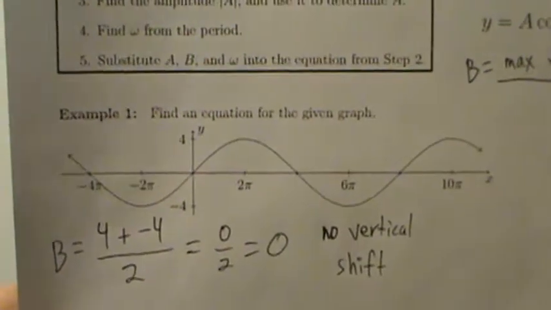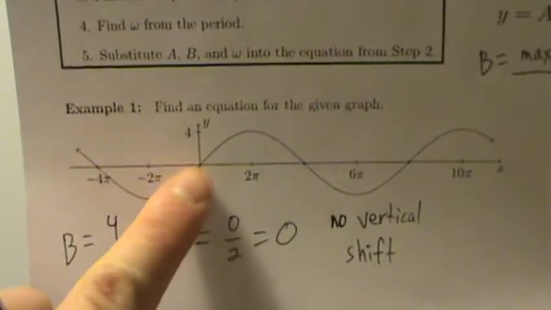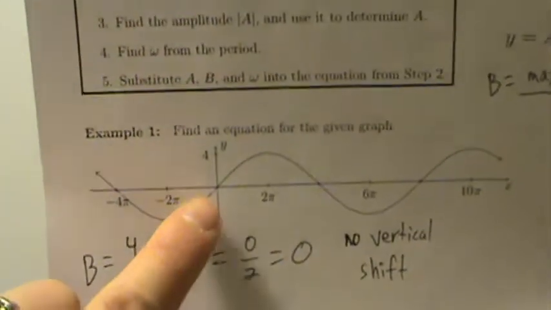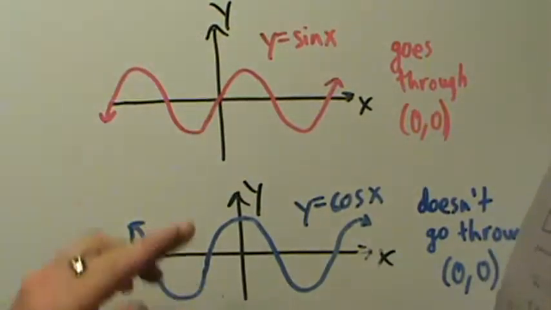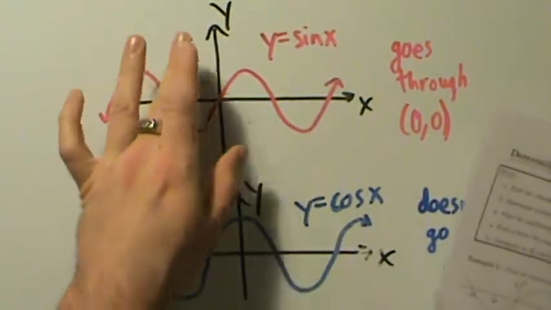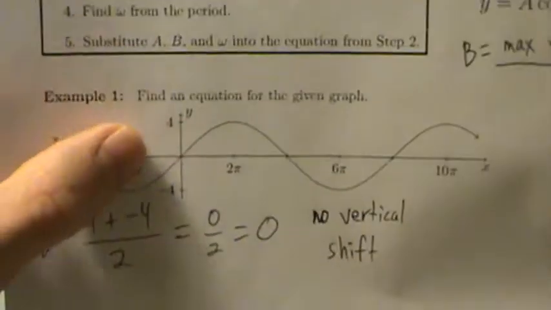And we look at the graph and we see, oh, it does go through 0, 0. It goes through the origin right there. So, since there's no shifts of any kind, and it goes through 0, 0, are we going to use sine or cosine? We're going to use sine, because the graph of the sine function goes through 0, 0, and we see this graph is going through 0, 0. So it's a sine graph.